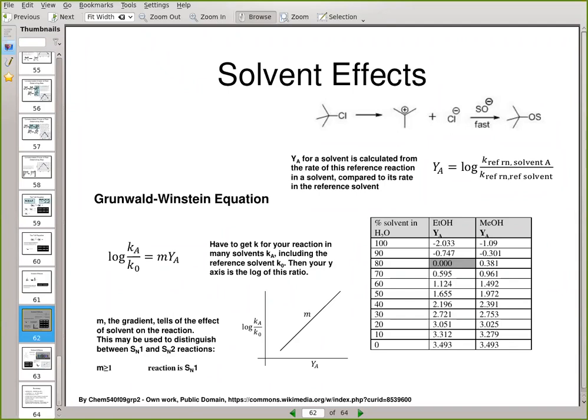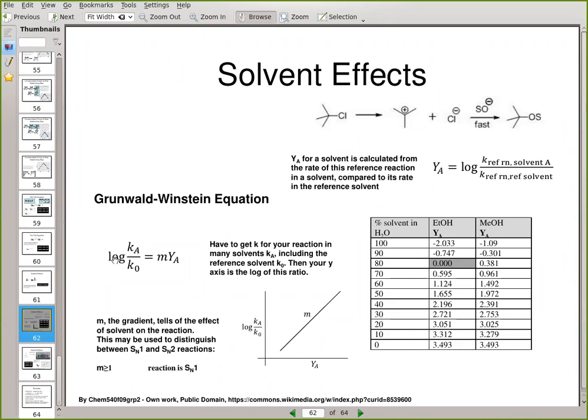What we've got to do is a whole series. We've got our reaction that we're interested in, and we've got to do that reaction many, many times in many different solvents. So you're not changing substituents now. It's exactly the same reaction. You only have one reaction that you're interested in, but you do that in different solvents.